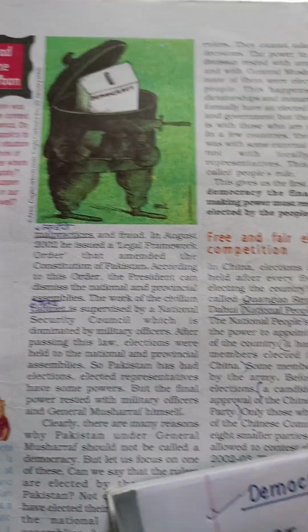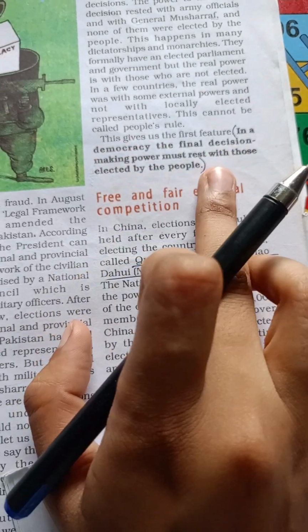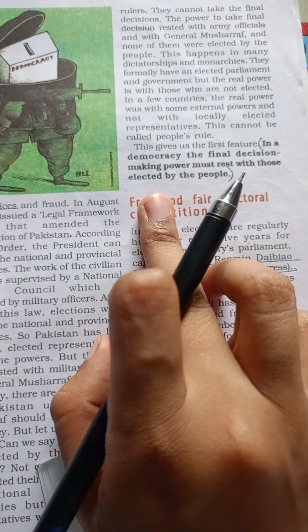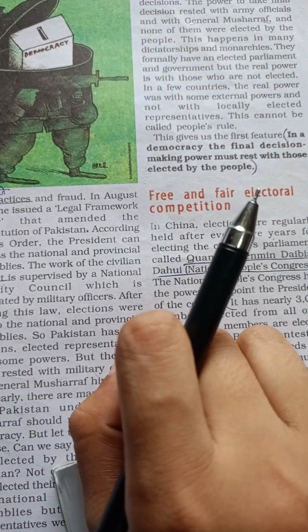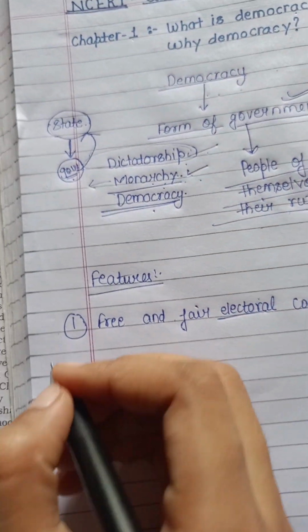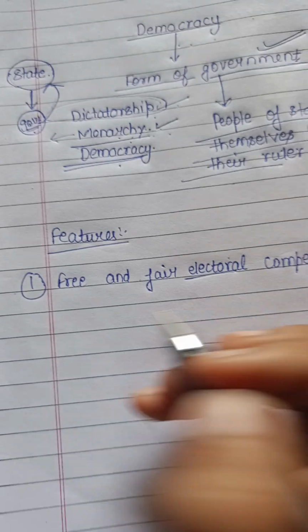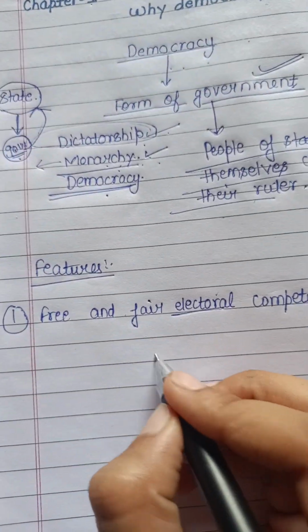Next, also it is written in the NCERT textbook, in a democracy, the final decision making power must rest with those who are elected by the people. Obviously, if the final decision making power does not rest with those elected... suppose we have come up with an election.